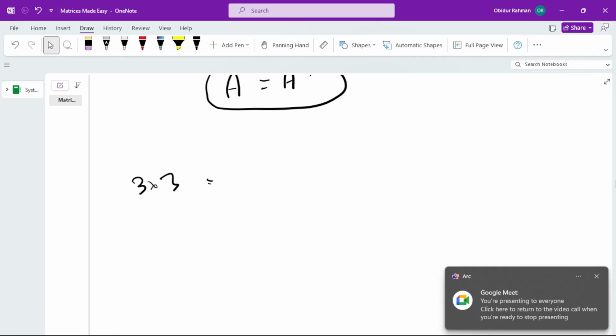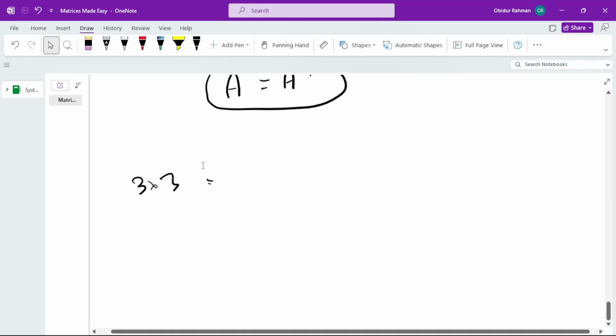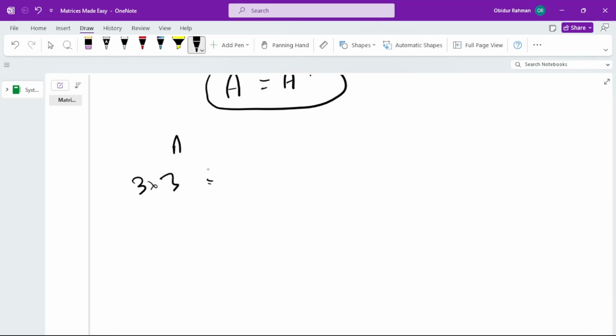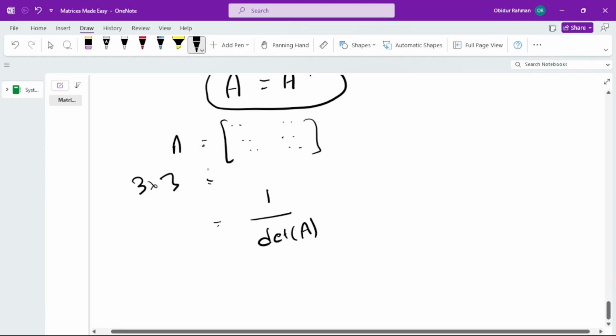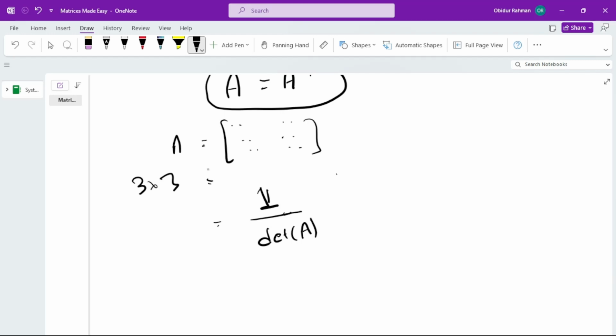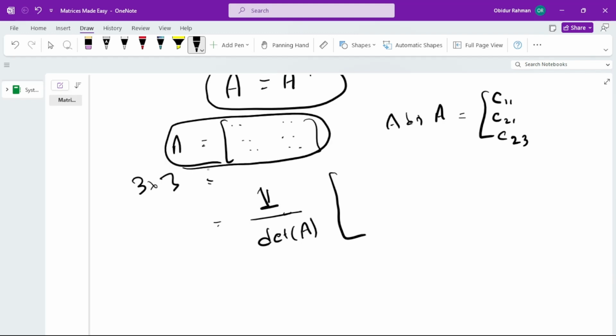So if we have a 3 by 3 matrix and we want to calculate the inverse of A, we take the determinant of A, then we write 1 over the determinant of A, then we calculate the adjoint of A, which is the cofactor of every single element in the original matrix.